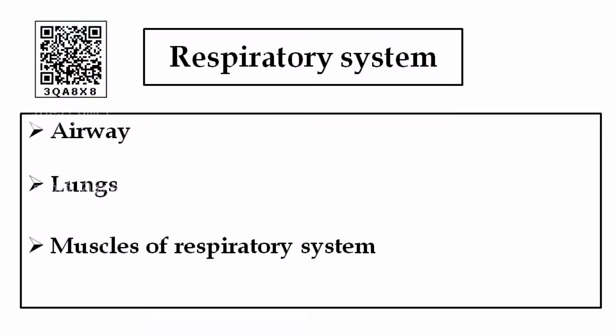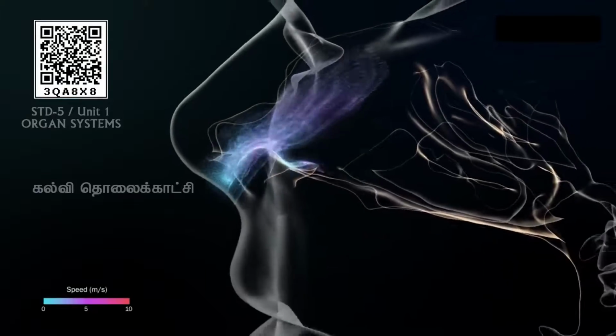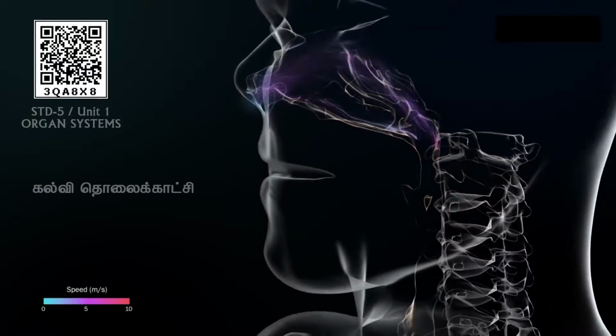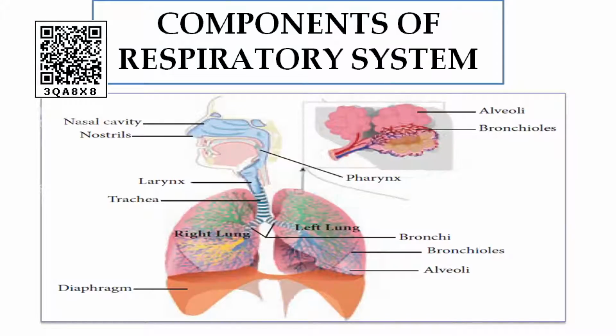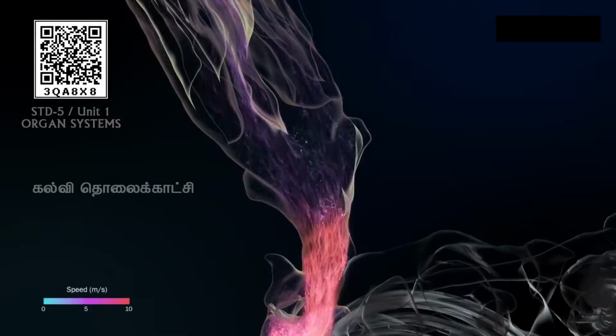Now children, what is the respiratory system? As we have seen, the three major parts of the respiratory system are the airway, lungs, and muscles of the respiratory system. Shall we see this briefly now? What is the function of the airway? What is included in the airway? The airway includes the nasal cavity, pharynx, larynx, trachea, bronchi, and lungs.